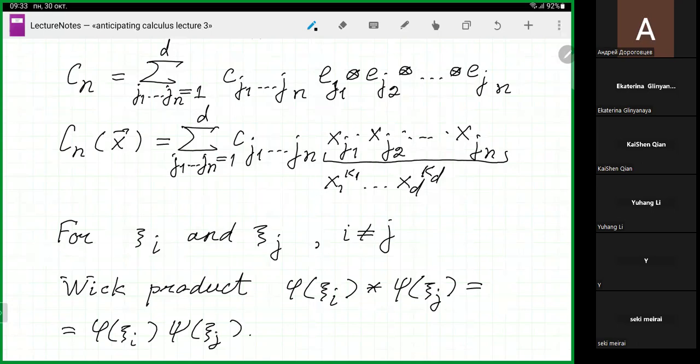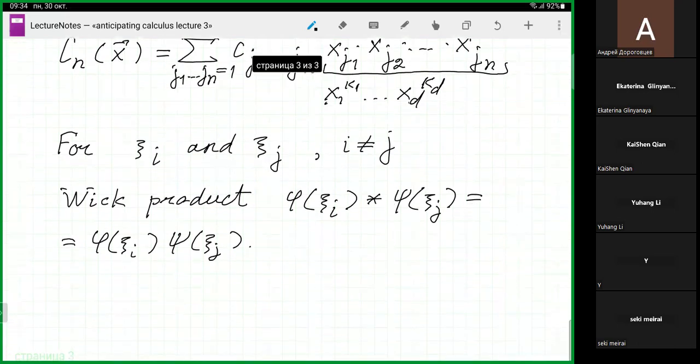Let us use this property for a moment. It occurs that when we define this in such a way for independent or different psi_i and psi_j, it will lead us to a very good definition of weak product in the future. So I will suppose that it is true.